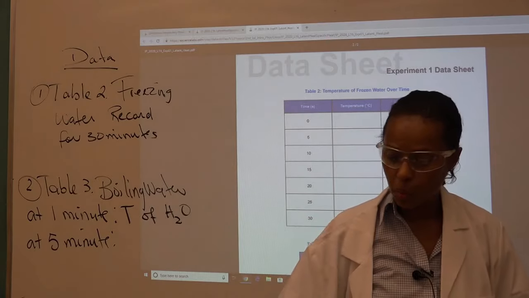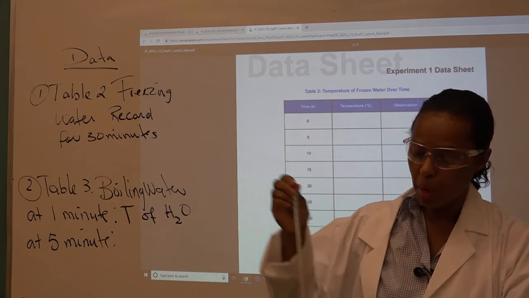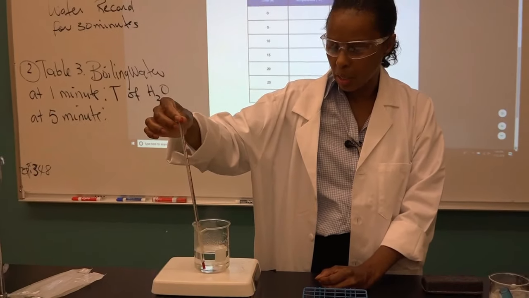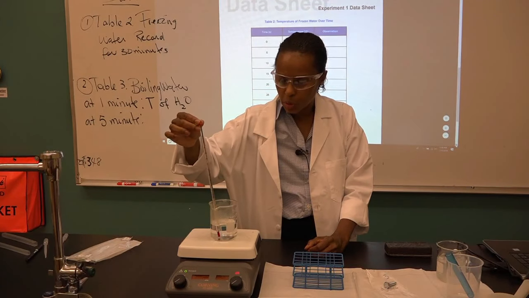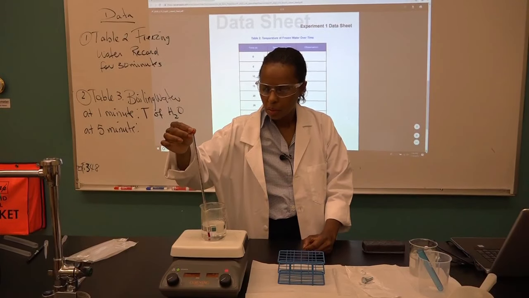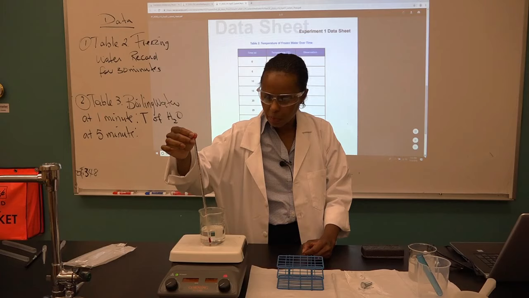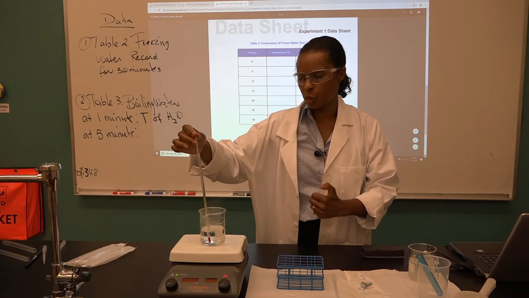So with the boiling water, as the water boils, you are reading the thermometer. As you read the thermometer for this water that has boiled, you are going to record the temperature after 1 minute. So you will let the water boil, and then after 1 minute, you record your temperature.